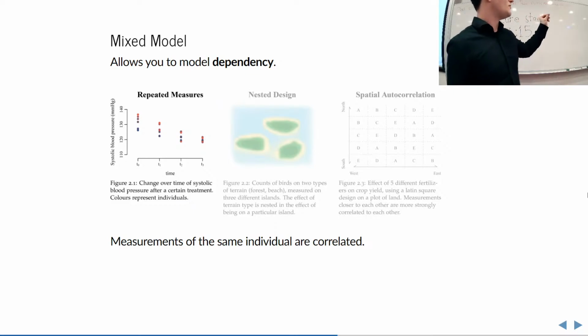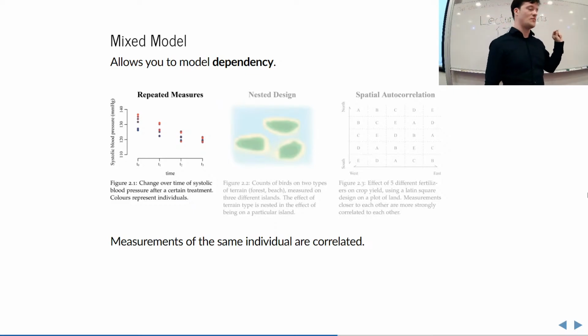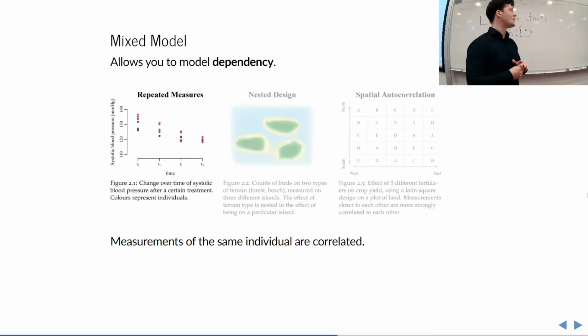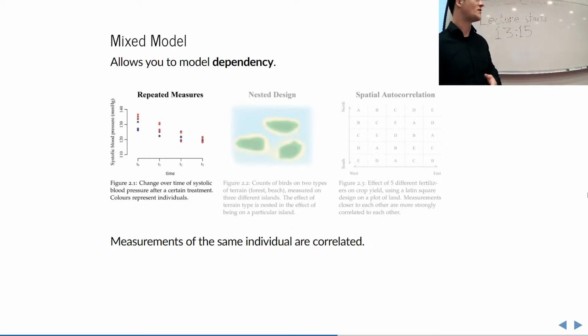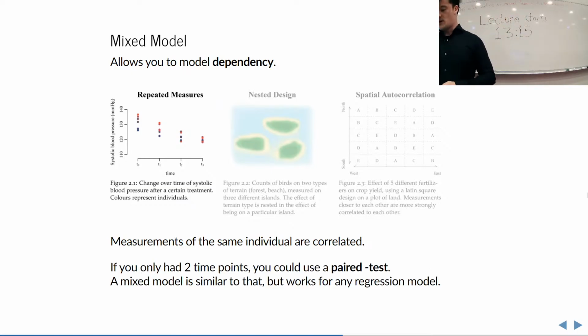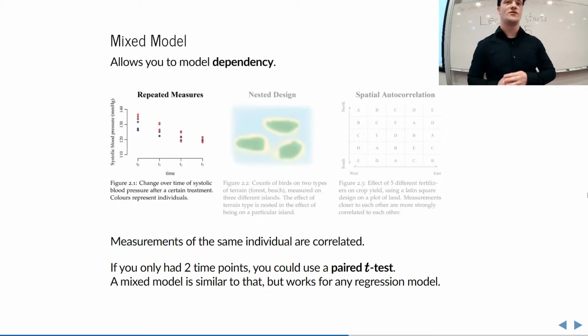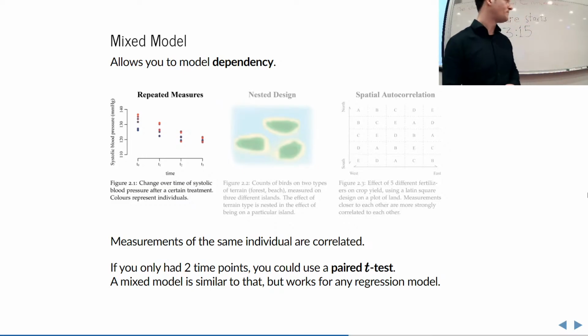And if you start very low, then the next time point is probably also a bit lower than the rest. So people have their own baseline measurement, and the correct way to deal with that is with a mixed model. Now, if you only had 2 time points, there is a very simple version of this that we did cover during GRS, and that's the paired t-test. So you can think of the mixed model as the extension of a paired t-test to any kind of linear regression.